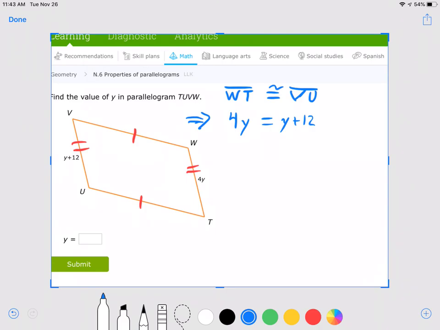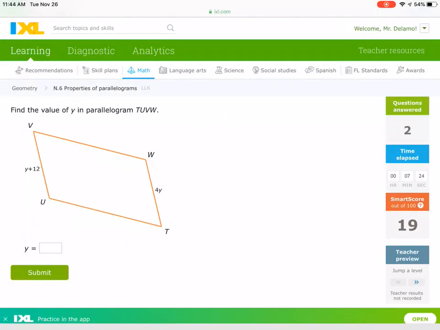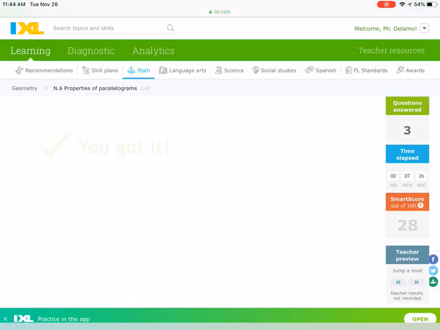So then we have to solve for y. Unfortunately, there are y's on both sides, so we're going to have to move one over. We're going to subtract y, subtract y. This cancels out, and we get 3y equals 12. And then divide by 3, y equals 4. So y is 4. Done, delete, plug in 4, submit.